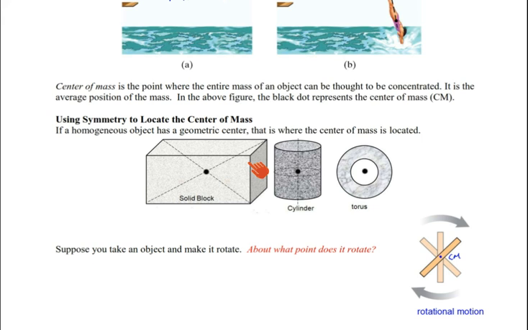We call that in geometry the centroid. So if you have a solid block, and this rectangular block could be just in the geometric center of that block, or the cylinder would be in the geometric center of that cylinder. If you have this torus or a donut, then it's in the geometric center. So notice that you could have a center of mass in a location where you actually don't have any mass.